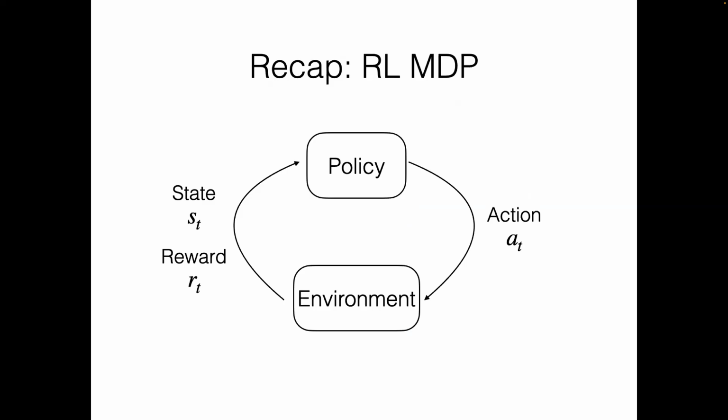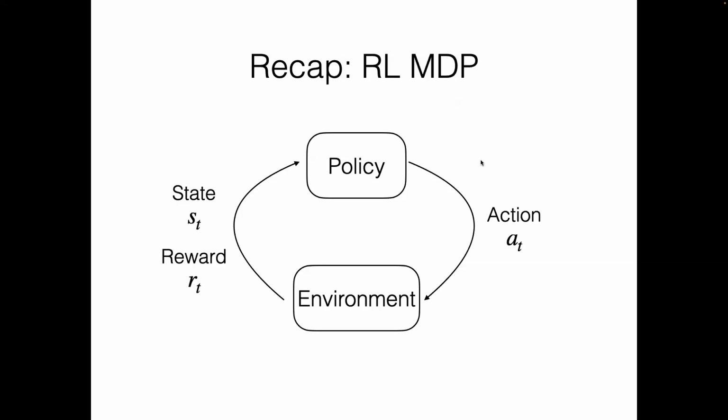If you remember, the MDP had a few different components. It had this notion of some environment, which provided a state. And then we had this policy, which took actions given the state. And then you also have a notion of reward. The goal of reinforcement learning is to learn a policy that can maximize the reward in expectation.